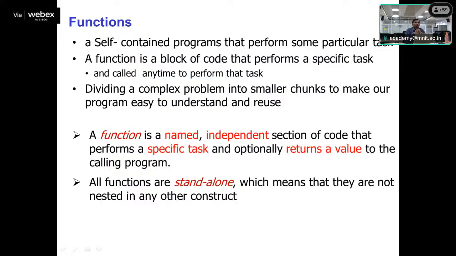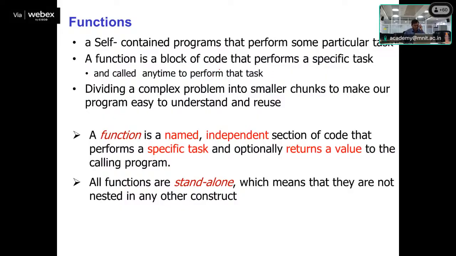So function is basically one kind of program. It is also a self-contained program which is designed to perform some special task. So we are creating a segment of code which is designed so that it can perform a specific task.